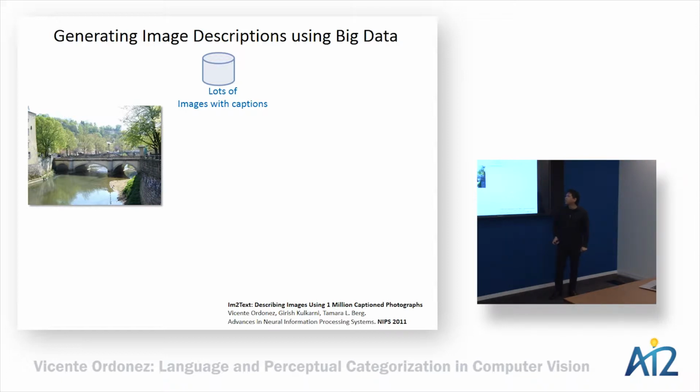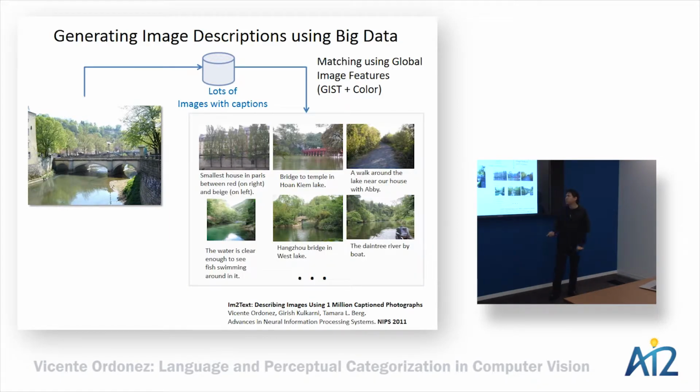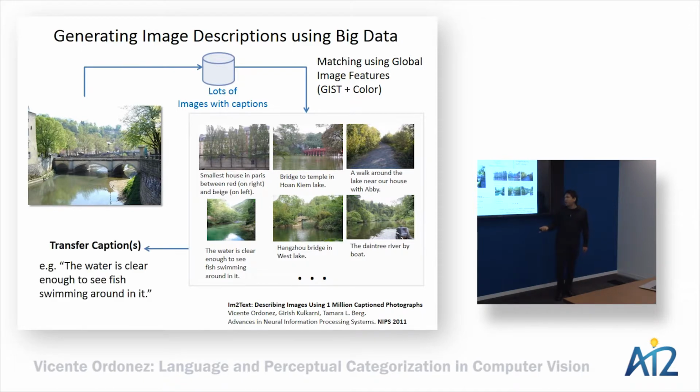And then if it's sufficiently large, we could retrieve the most similar images from our database. And these images will have captions. So presumably, we could transfer some of these captions if they are similar enough to our query image. And so this is the way we could have a new image being described by our system.